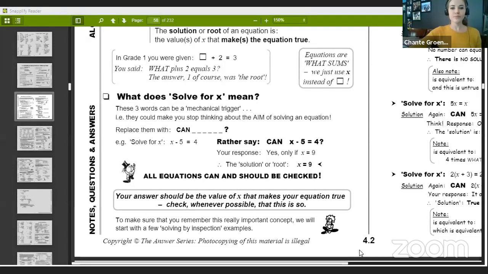Instead of saying solve for X, and then you have this equation, I want you to think rather: can X minus 5 be 4? And then your response should be yes, but only if X is equal to 9.